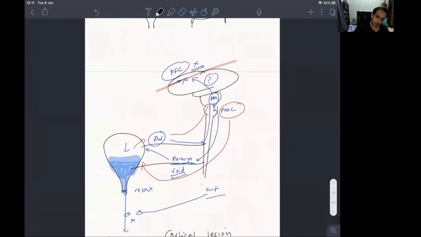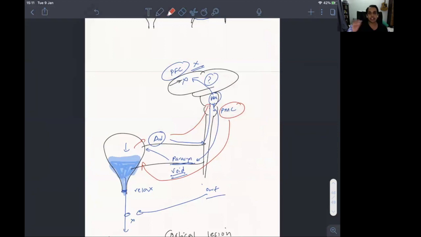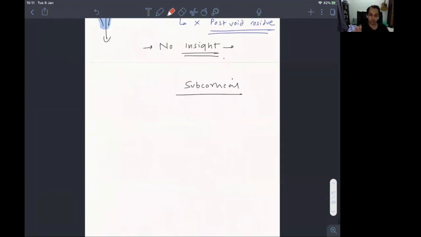Now, in a subcortical lesion, your prefrontal cortex may be intact, but the lesion is in some of the connections. Now, this is a tricky one because your prefrontal cortex is intact. So what are the two things you can say? One is that your micturition reflex is intact.